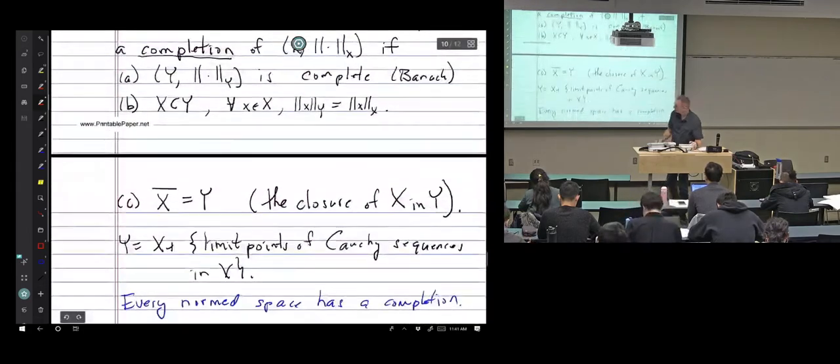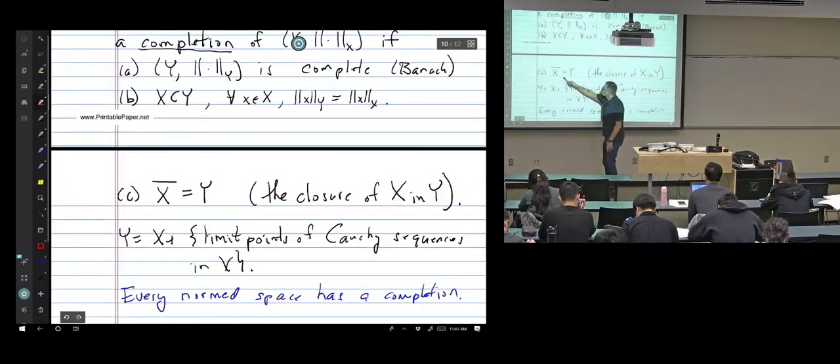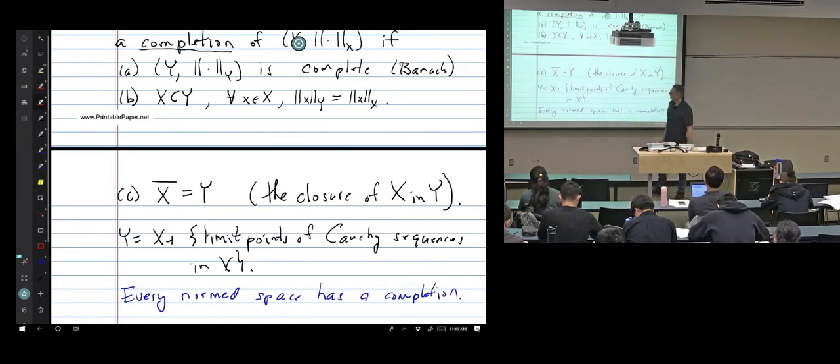And what I mean by not very far away, I grow the space just a little bit, and I get a space that is actually complete. I can throw in the limit points, still have a recognizable norm space, and then Cauchy is necessary and sufficient for convergence.